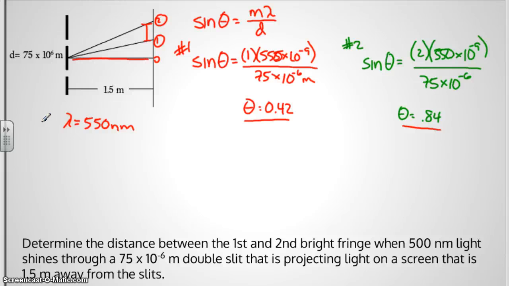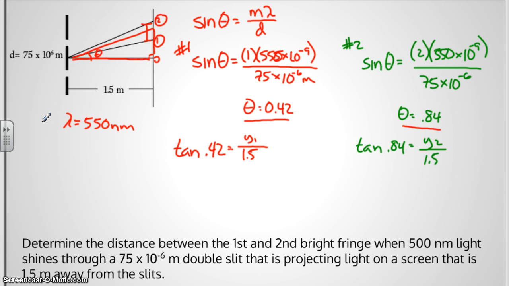If we look, we have some right triangles here, so in my problem I'm solving for the legs of a right triangle. I would be solving for the height, where the theta I solved for here is the opposite angle, and the adjacent, meaning I'm going to be doing tangent. So I would do tangent of 0.42 equals the opposite, which is y1 over 1.5, and I would do the same thing for the other angle, where tangent of 0.84 would equal y2 over 1.5.